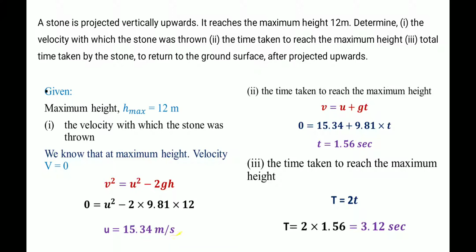We need to find the time taken to reach maximum height, t. We know the final velocity: at maximum height the velocity becomes 0. So we will get the value of time as this. Then total time taken: the same time it will take for the return movement. So it is 2 into t. We will get the value as 3.12 seconds.